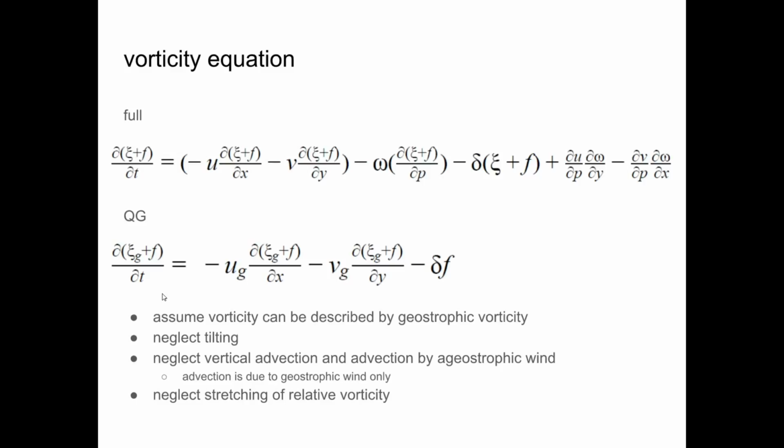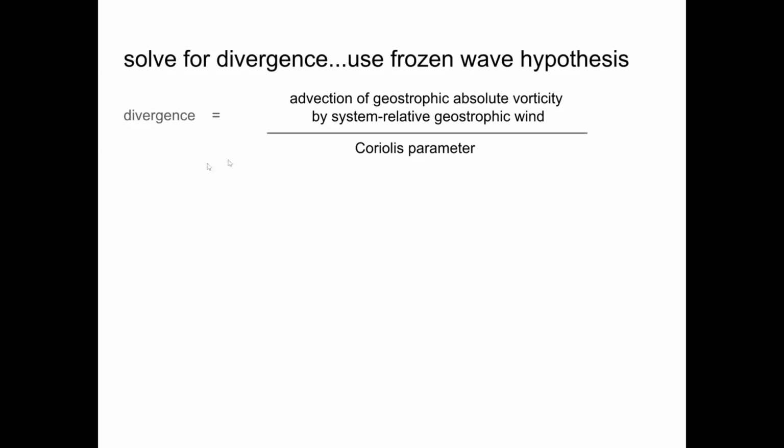And we want to use this to estimate the horizontal divergence, the delta term here. If we rearrange that equation, solve for delta, and use the frozen wave hypothesis to estimate the time derivative, we get this equation: the divergence is equal to the geostrophic vorticity advection by the system relative geostrophic wind divided by f.